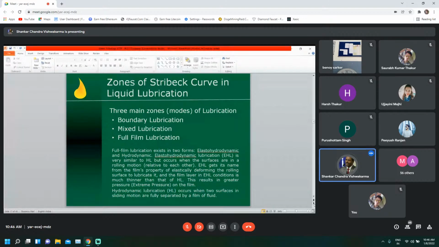So if elasto-hydrodynamic lubrication is there, it will take care of those things. So hydrodynamic lubrication and elasto-hydrodynamic lubrication, here I am considering both as full film lubrication.